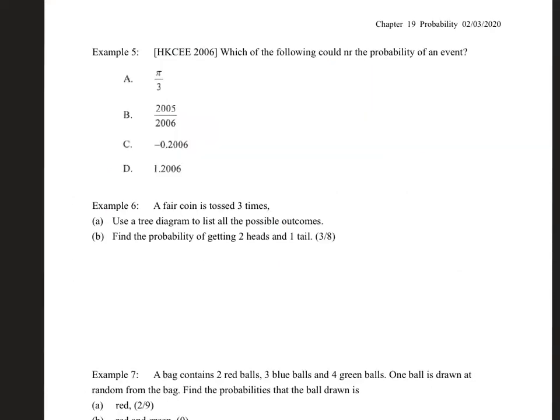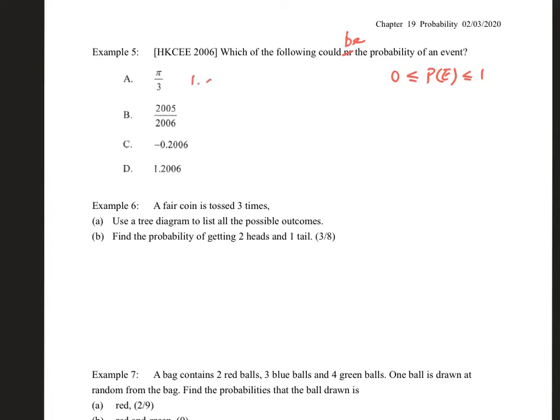The concern about probability we just talked about is that it should be between 0 and 1. In one of the past papers in 2006, the question is which of the following could be the probability of an event. You can check with the calculator.